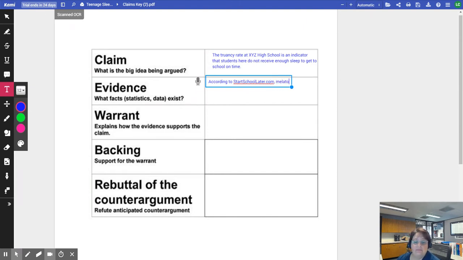Melatonin, the sleep hormone, does not begin to secrete until 10:30 p.m. in a teen, a full 90 minutes after an adult's body begins to secrete it.